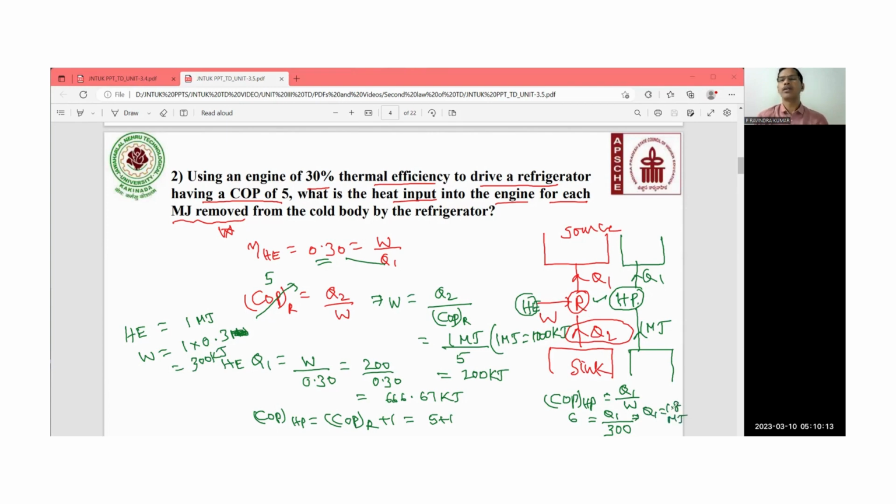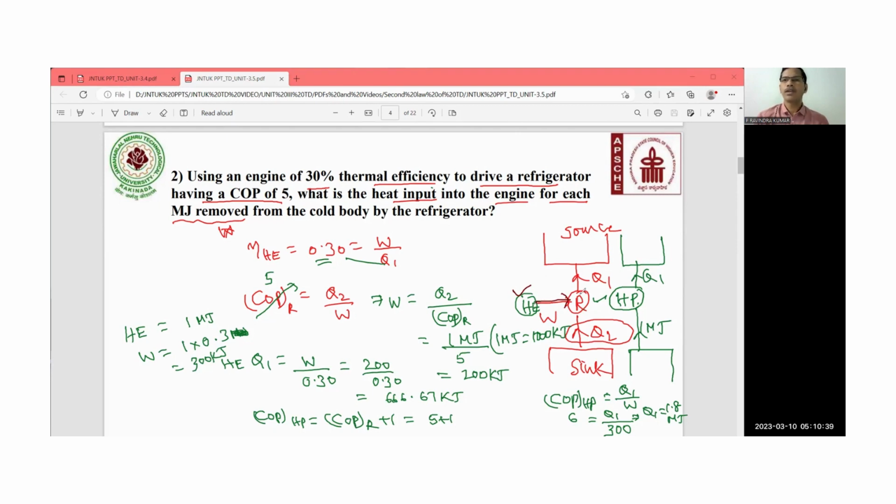So using an engine of 30% thermal efficiency, a heat engine, try to understand this particular problem. This is the heat engine, thermal efficiency is 30%, to drive a refrigerator. So this is going to drive the refrigerator.